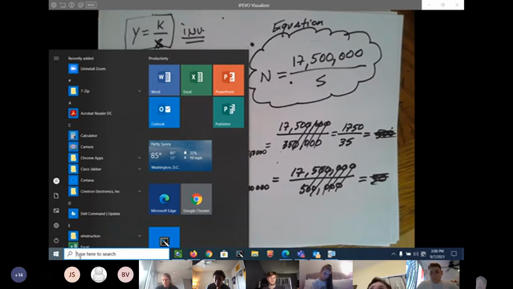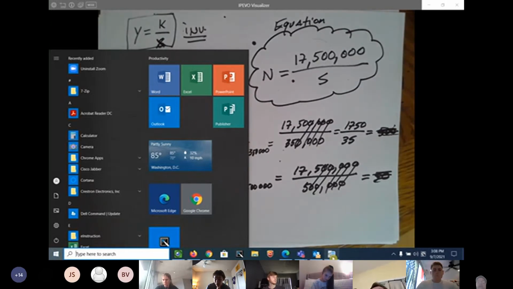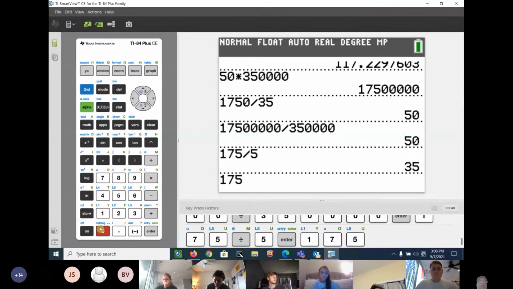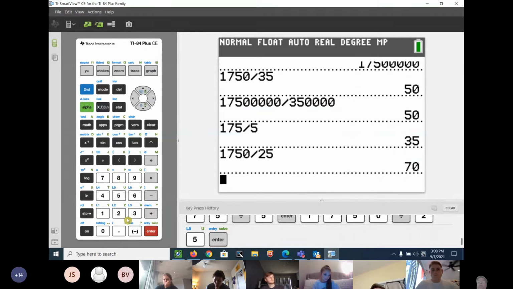It's going to be 1750 divided by 25. So 1750 divided by 25, 70 states. We don't have 70 states. So I don't know if that's right or not. And then the last one is 700,000.